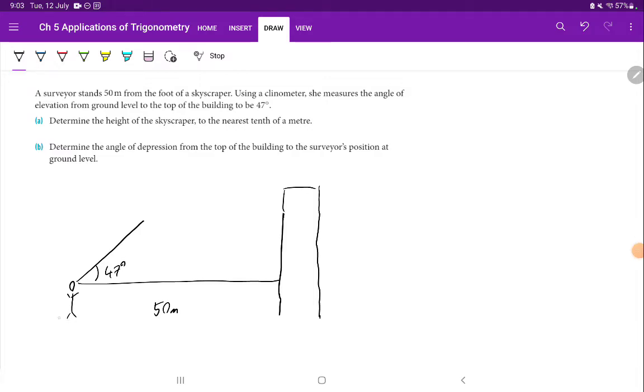She's standing 50 meters away from the skyscraper and she measures the angle of elevation as 47 degrees.